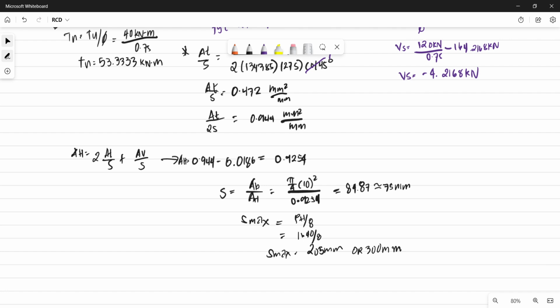So we choose going to choose the lowest. So we use S equal to 75 mm. This is your spacing. Okay.